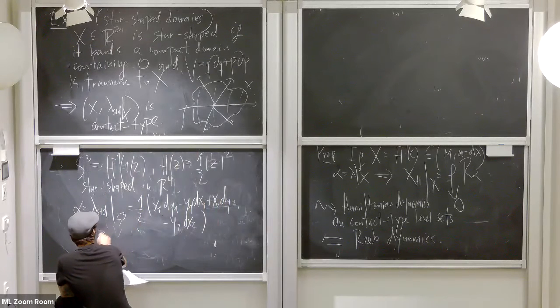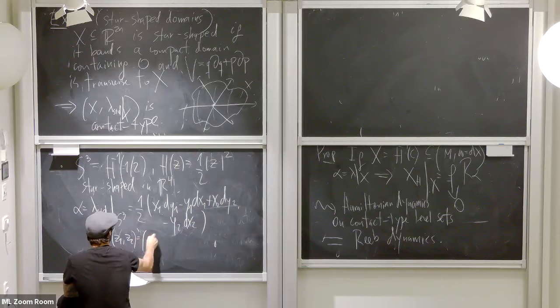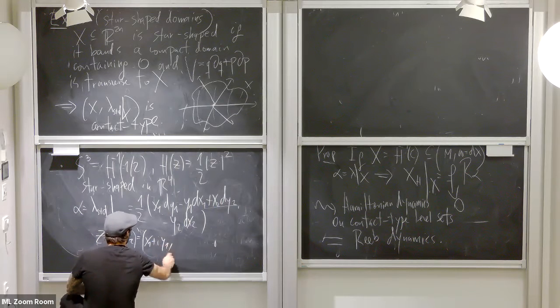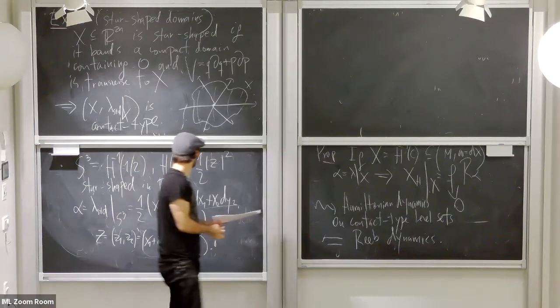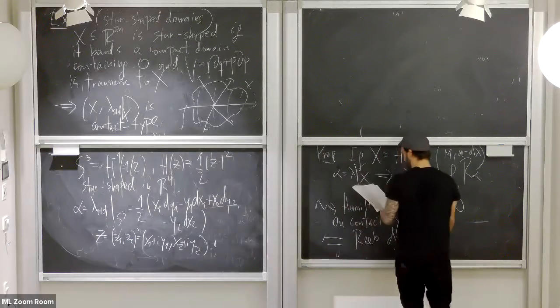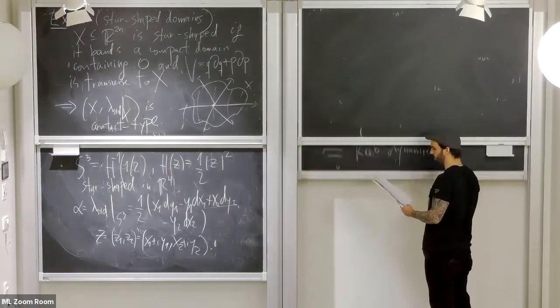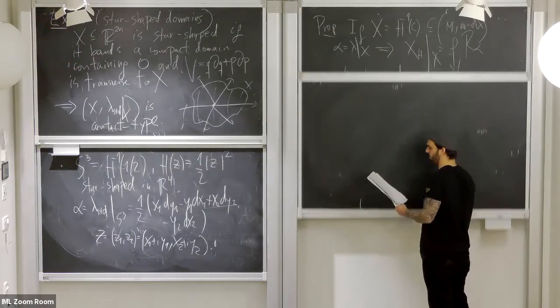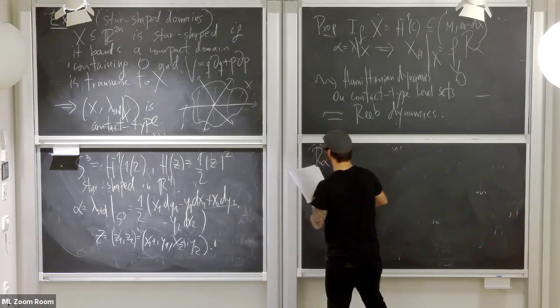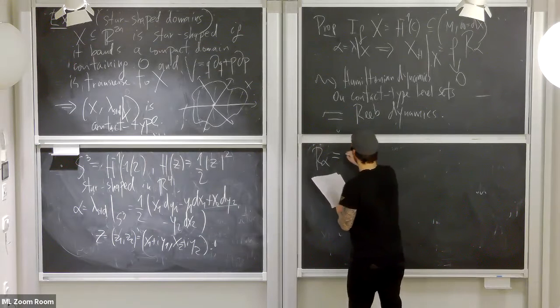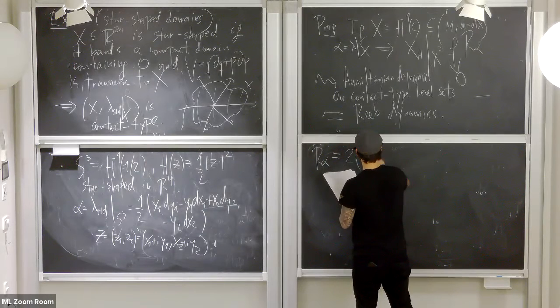z, which is z1, z2, with z1 equal to x1 plus i y1, and z2 equal to x2 plus i y2. And the Reeb vector field of this contact form, you can write down as follows.